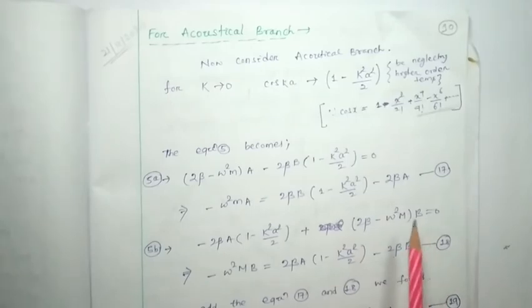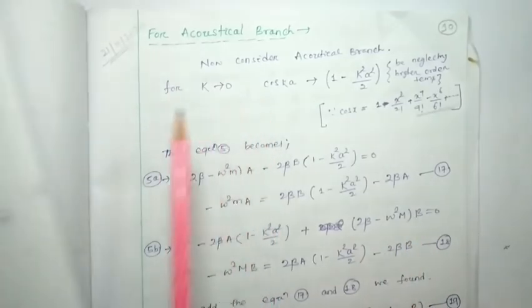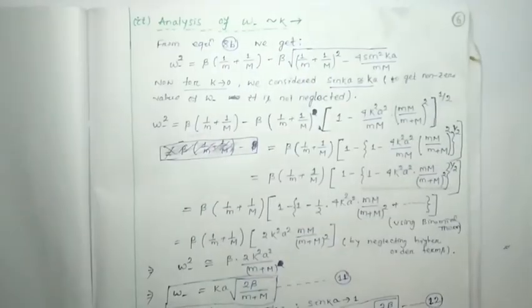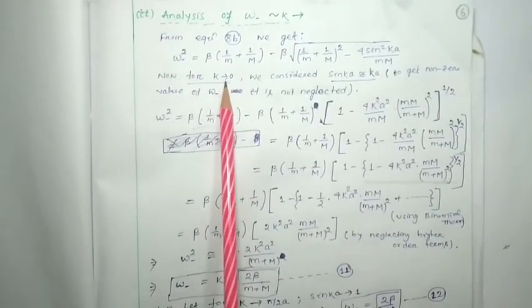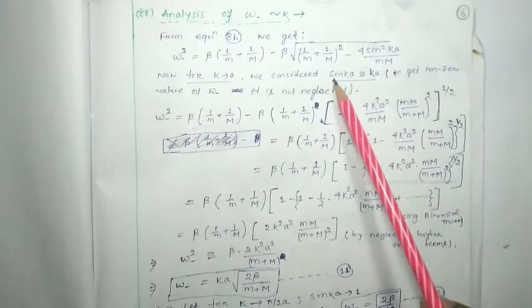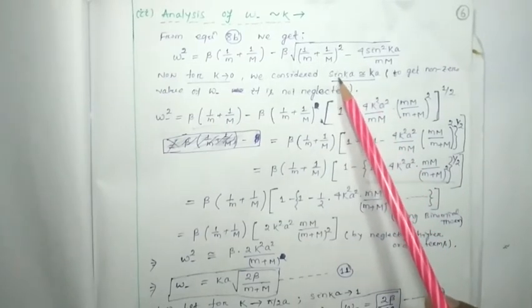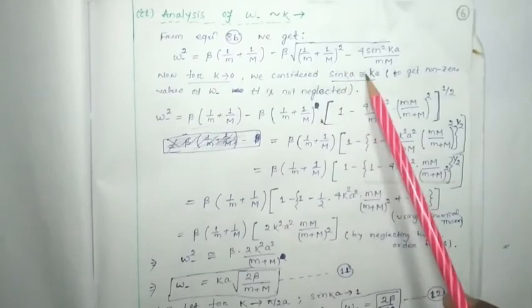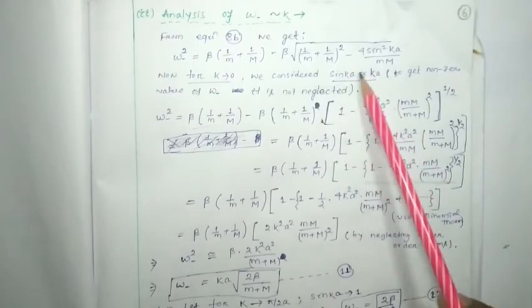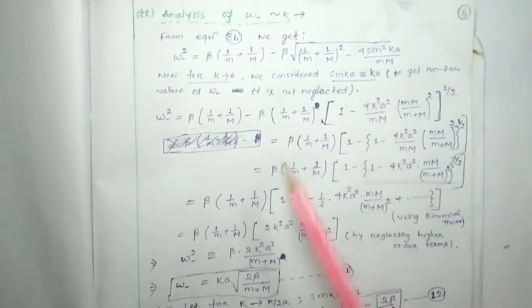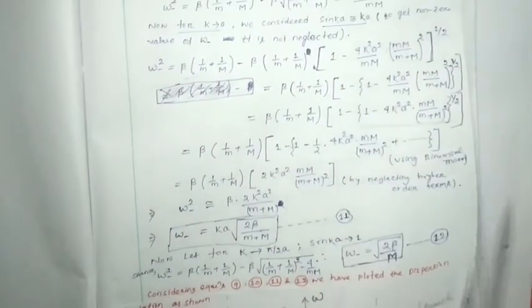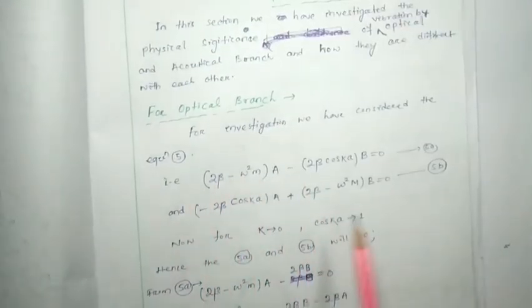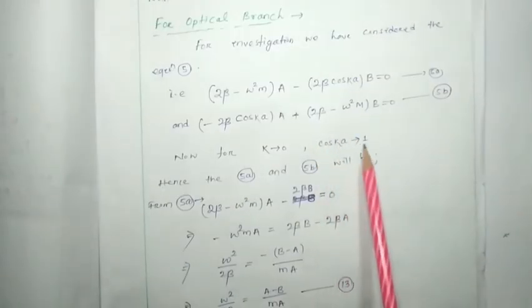See, whenever we considered omega minus, we took k tends to 0, but here we did not take sin k equal to 0; we consider a minimum value to find a non-zero term. Likewise, in the case of the optical branch, we took the maximum value of cos ka, that is 1.